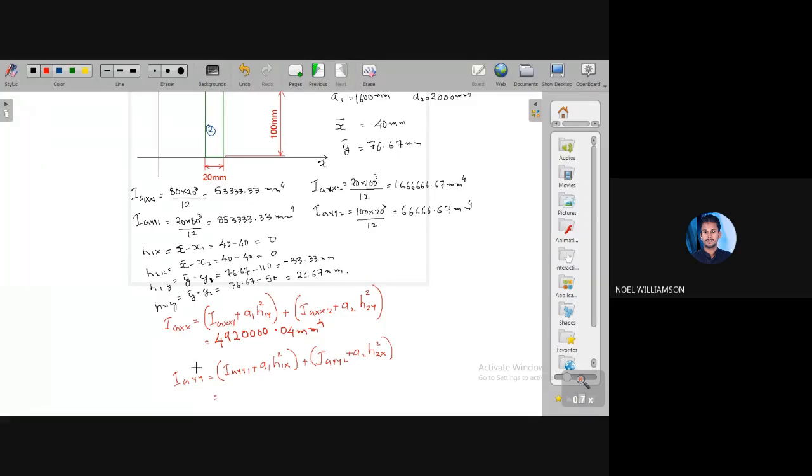And IGYY, yes, that's right, it is 920000 mm raised to 4.